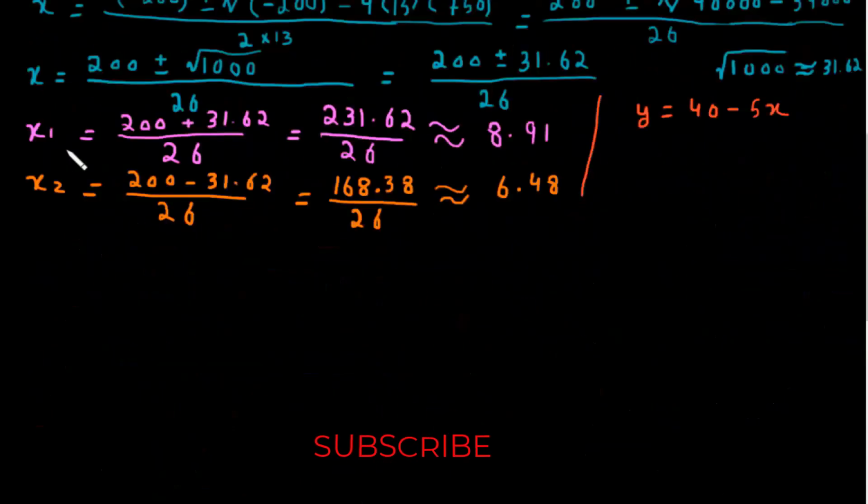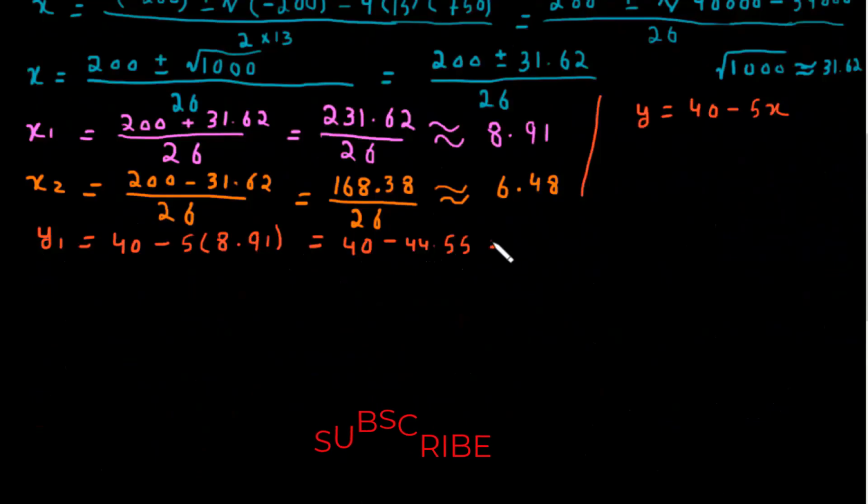Now to find y's values using this equation, let me take y₁: 40 minus 5 times x, that is 8.91. So this will give me 40 - 44.55, which is equal to -4.55. Alright, now we got one point.